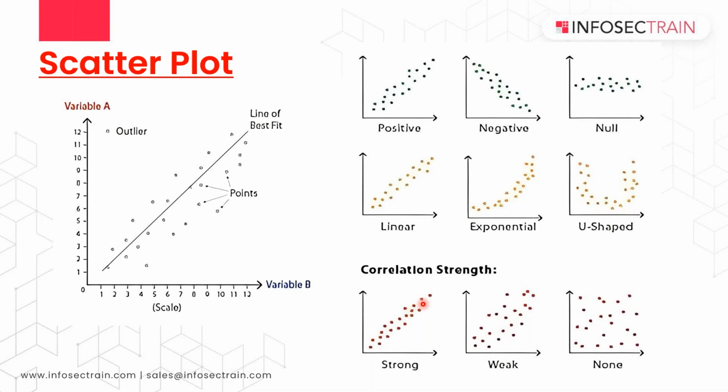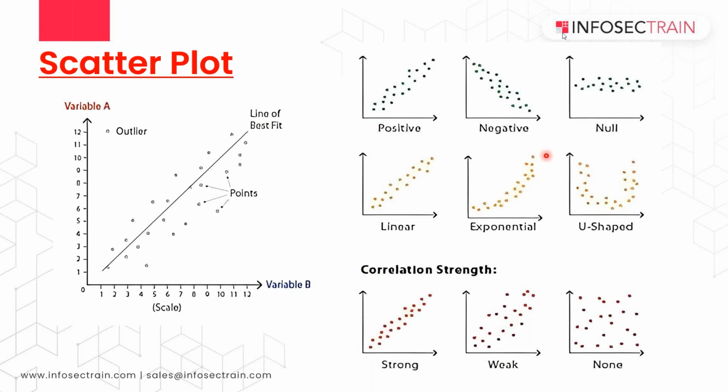If there are a lot of data points, you will see there is very little difference between them, and they make a straight line. So you can say there is a strong positive correlation. When your data shows a linear pattern going in an upward direction, that is nothing but a strong positive correlation.